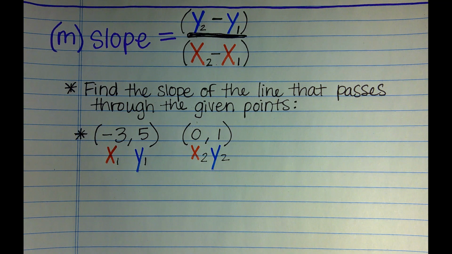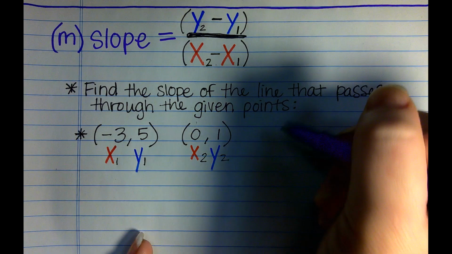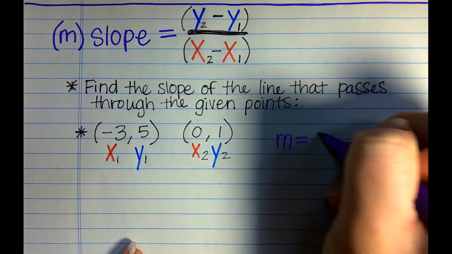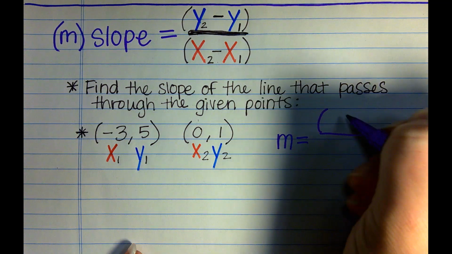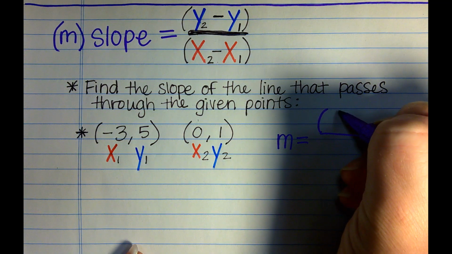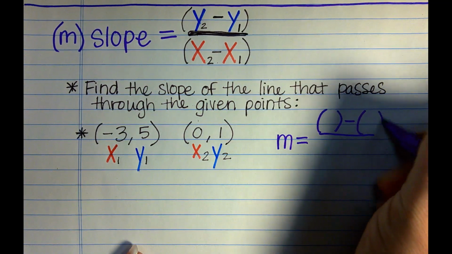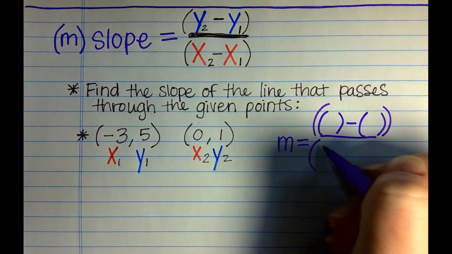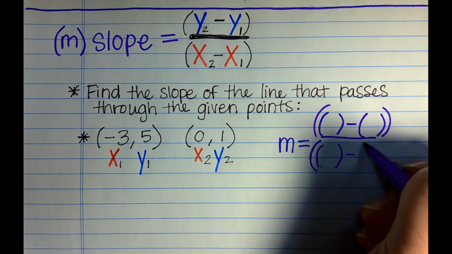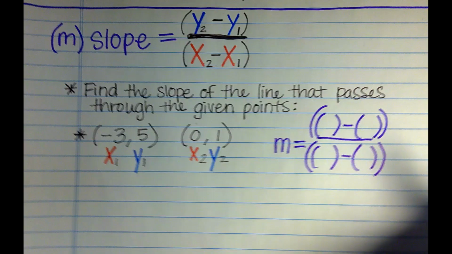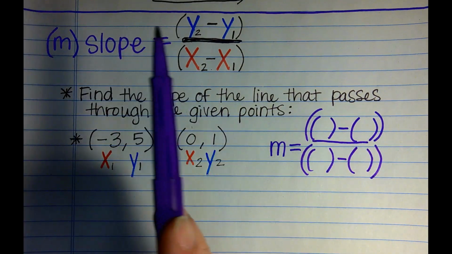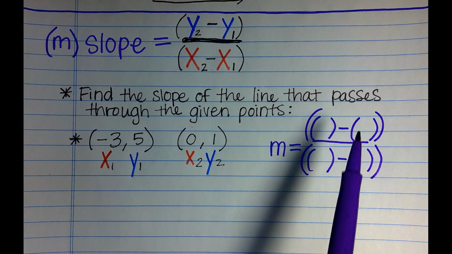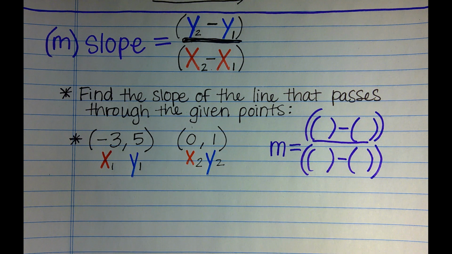I am going to write m equals, I have y2 minus y1, here's my first one, over x2 minus x1. So all I did is I rewrote this formula, but instead of writing x and y, I just gave myself blank spaces to plug numbers in.